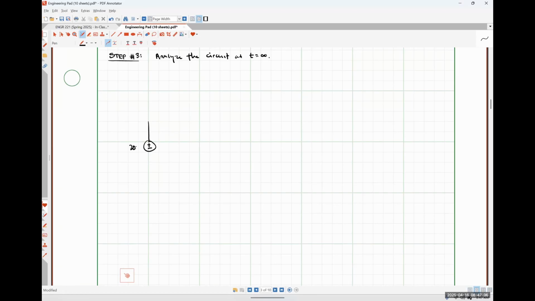Here's our 20-volt source. Here is our 5 ohm resistor. 20 ohm resistor. Second 5 ohm resistor, across which we're trying to find VR at infinity. An 18 ohm resistor.